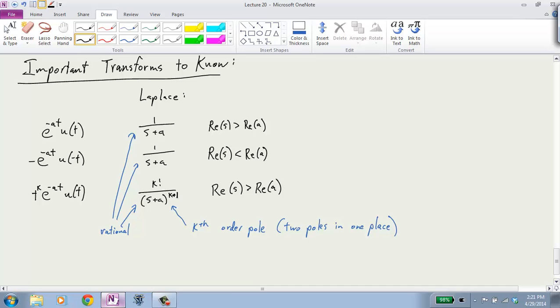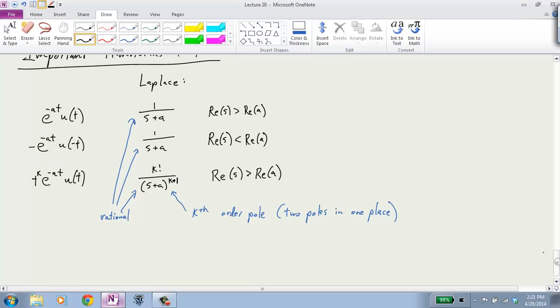Great. You want to look that up for me, Sai? I think maybe it's K plus 1. Exactly. So I think this might be right. So if K was 1, you'd have a second order pole and so forth.